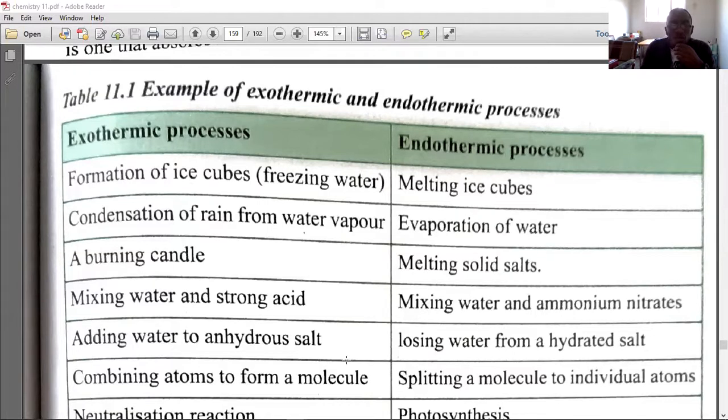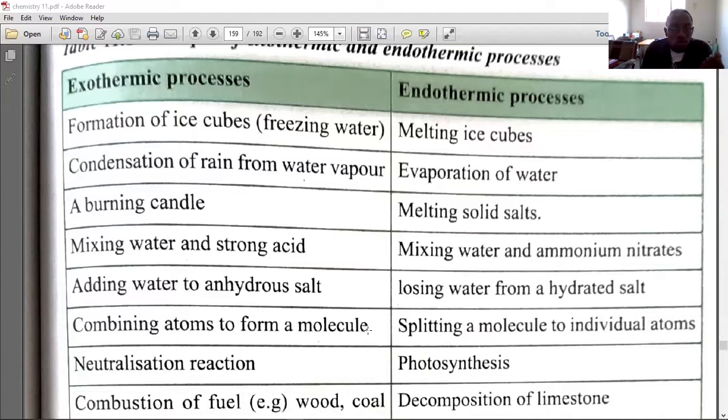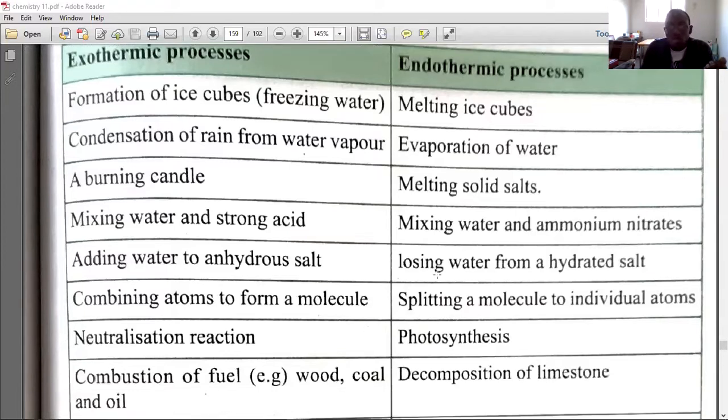Condensation of rain, a candle burning, the mixing of water and strong acids, the combining of atoms, the neutralization reactions. Those are examples of endothermic and exothermic.